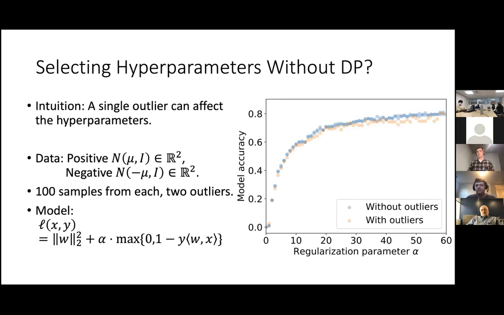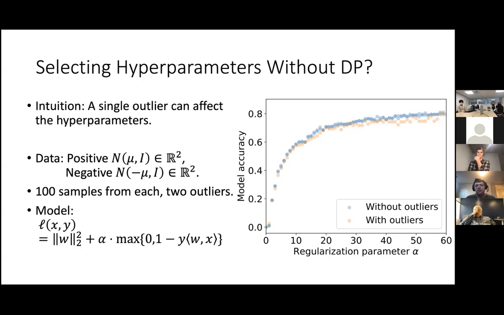So the attack here is that you would release, say, your model with the accuracy and the parameter you used, and then I would draw a threshold and I would know. It's just a demonstration that a hyperparameter can be affected by a single, or in this case, two inputs.